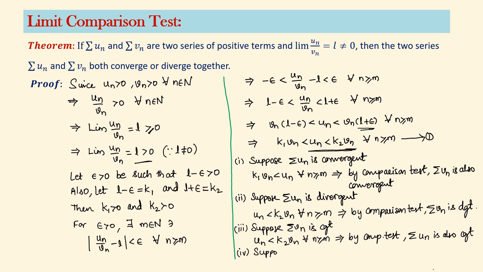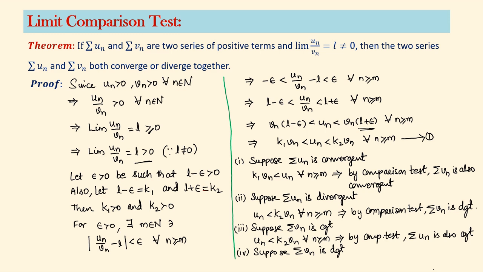And finally, fourth case, suppose summation Vn is divergent. So what we have to consider here is that Vn is divergent, so Un is greater than Vn, and summation Un is also divergent.